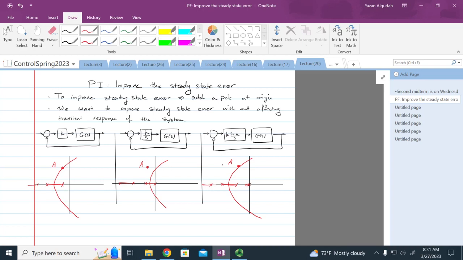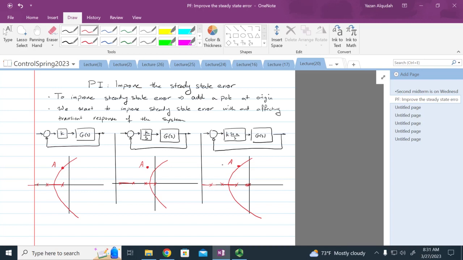Why is this point A on the root locus, and in this point A is also on the root locus? I mean, not exactly A, but A is very close to the root locus compared to here. Could you move the root locus back?